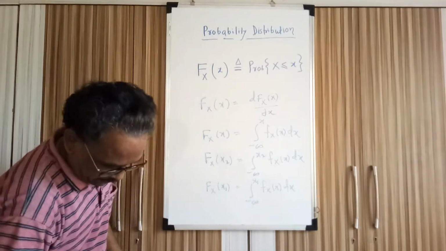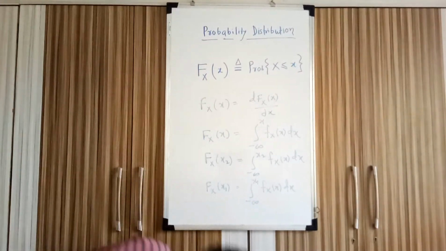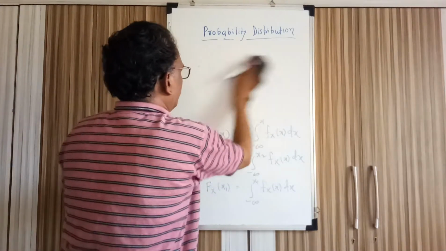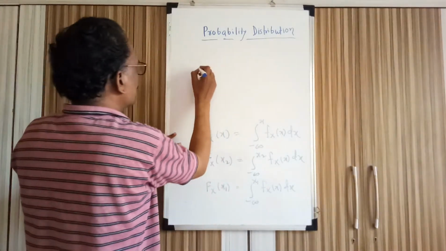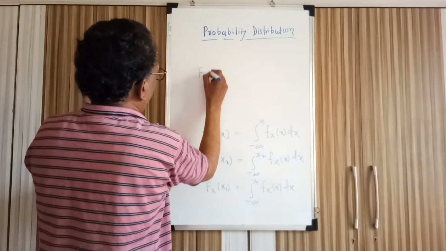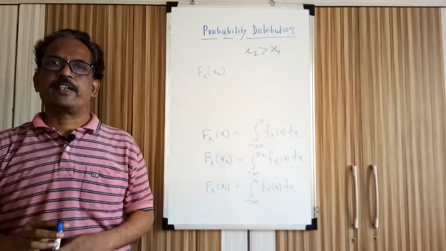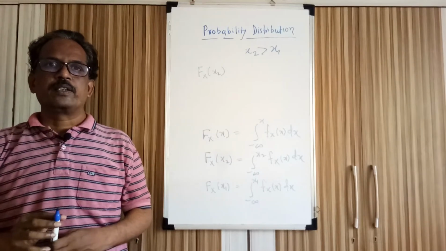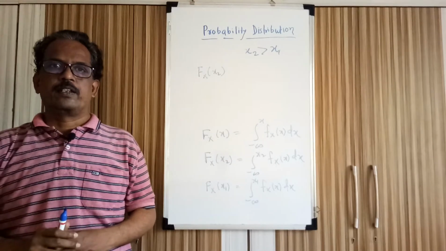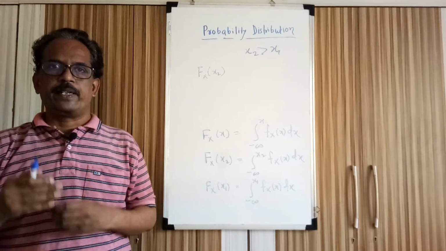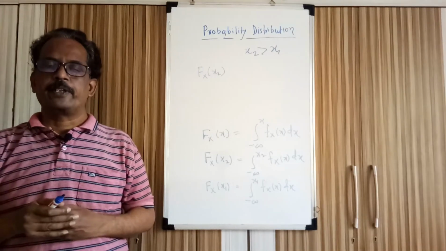If you subtract these two things, let us assume that your x2 is greater than x1, then we will be finding the probability that it is taking values between x1 to x2 in terms of its density function.